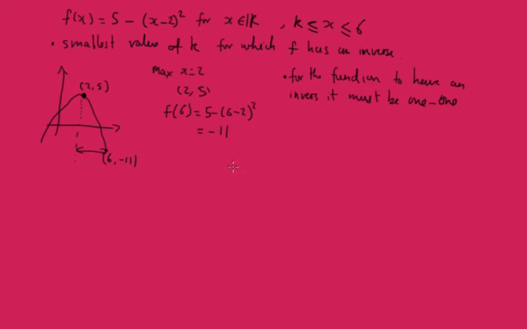So therefore k must have the smallest value equal to 2. Okay.